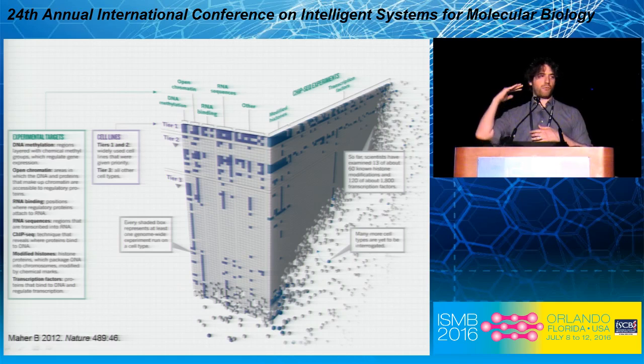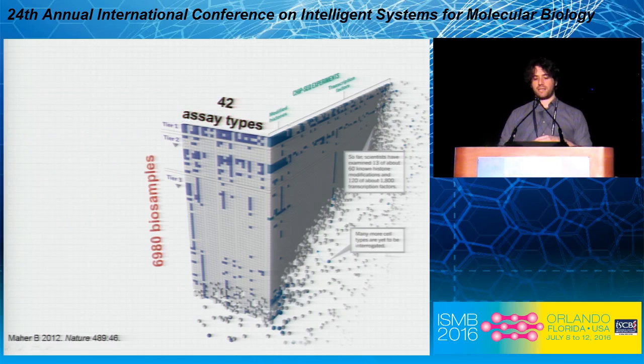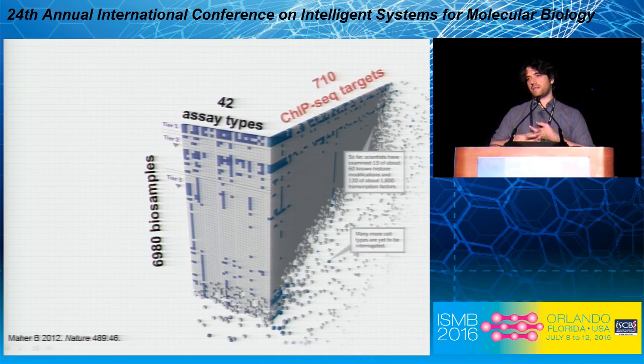So you can represent it in this sort of hinge format where the y-axis is the number of different cell types, the x-axis is the number of different assay types, things like ChIP-seq, DNase-seq, and so on. And for ChIP-seq specifically, there are now in the ENCODE database 710 different individual targets.